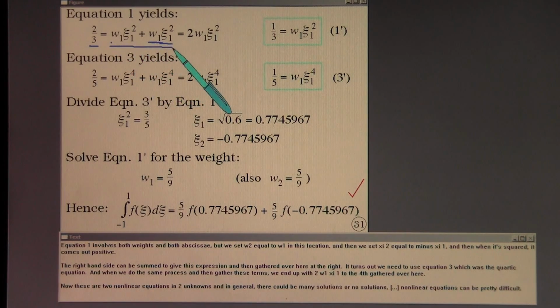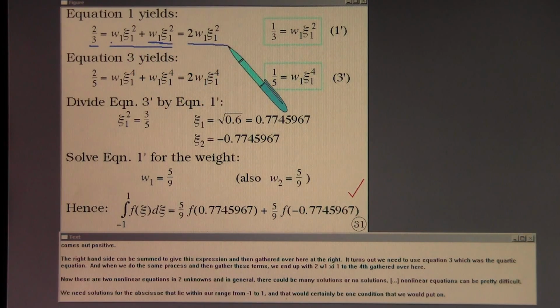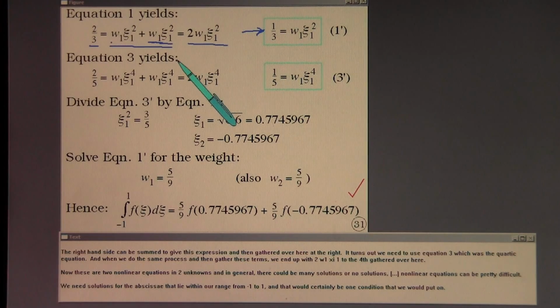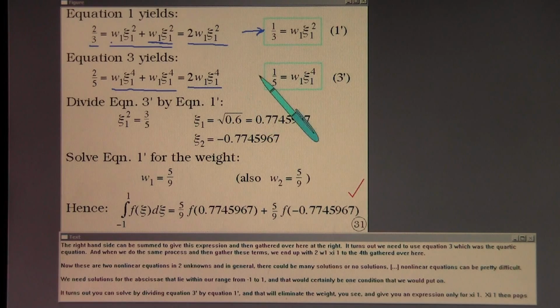The right-hand side can be summed to give this expression, and then gathered over here at the right. It turns out we need to use equation 3, which was the quartic equation, and when we do the same process and then gather these terms, we end up with 2w1 c1 to the fourth gathered over here.